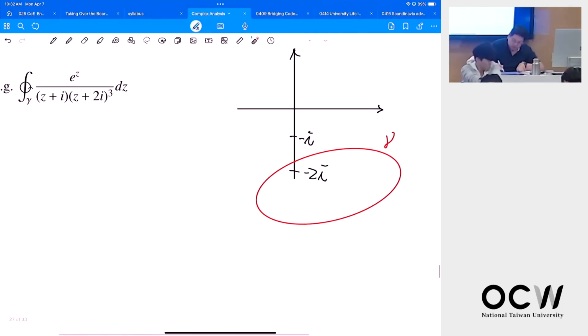So now I only include minus 2i, and we can observe that minus 2i is a pole of order 3.